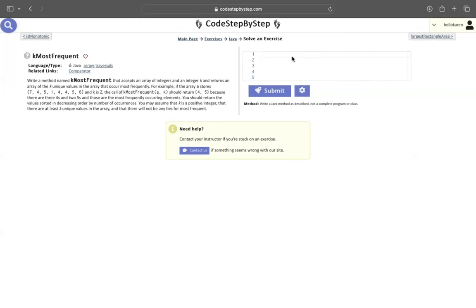Okay. So what do we think? Okay, so we basically know that you have to take the array of integers and then a number k, which is the value that appears the most within the array.